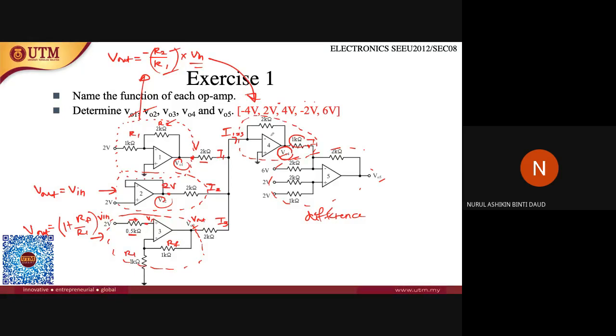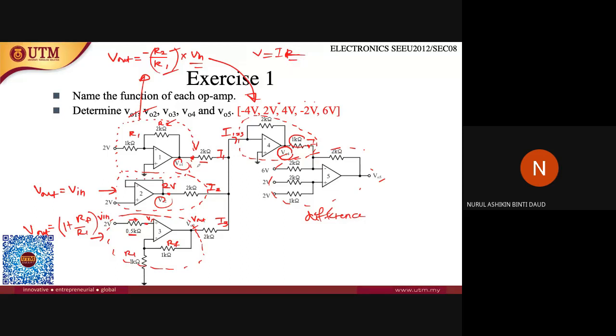But you have the value of I. Since you have the value of I here, V is equal to IR, right? For this actually, V is equal to IR.